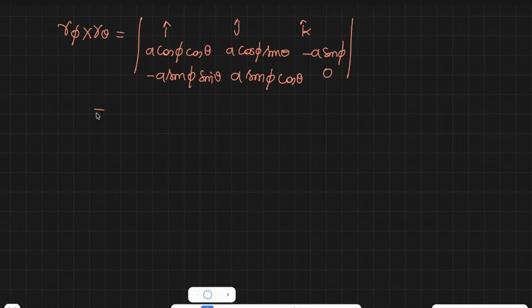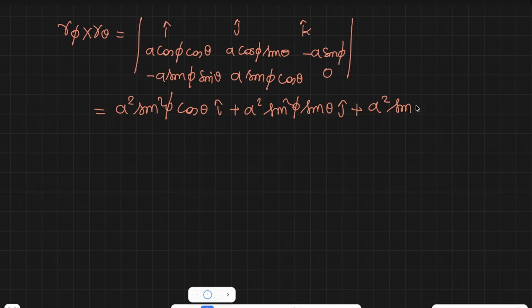Once you solve, you will get a square sin square phi cos theta i cap plus a square sin square phi sin theta j cap plus a square sin phi cos phi k cap.